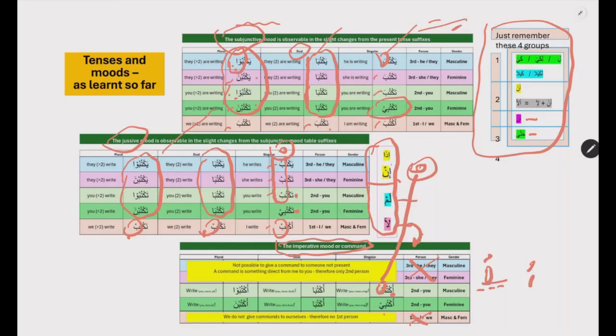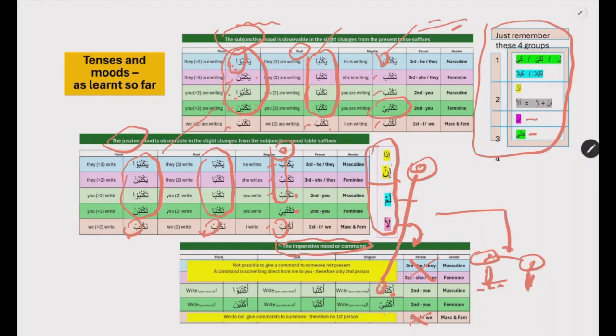If there's a dhamma there, then you change the ta of the jussive into an alif with the dhamma, so it agrees in terms of vowel. Uktub. You put alif in front, and then you have your 3 letters. You look at the vowel of the middle letter, and if it's a dhamma, then you make it a dhamma on the alif. So essentially, that's how you give a command.